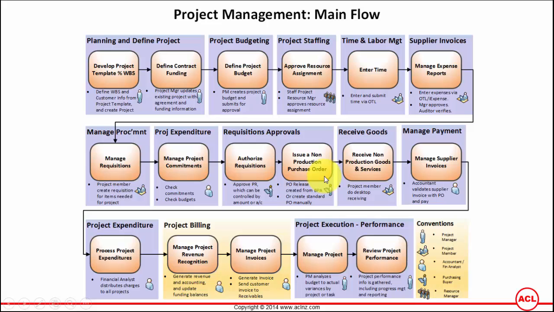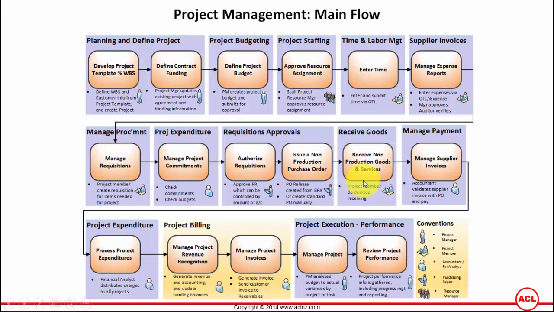And then you issue a non-production purchase order to the supplier that can be viewed by the supplier in the iSupplier portal module, if at all that is implemented. And then the supplier will provide the non-production goods and services against the requisition.